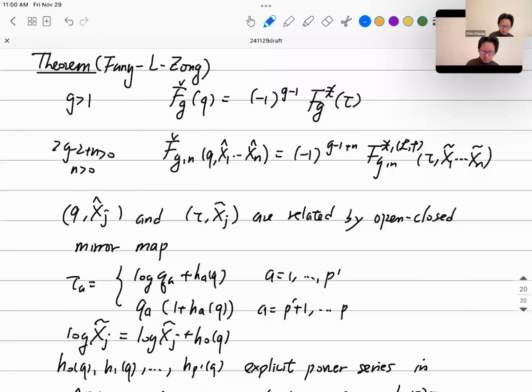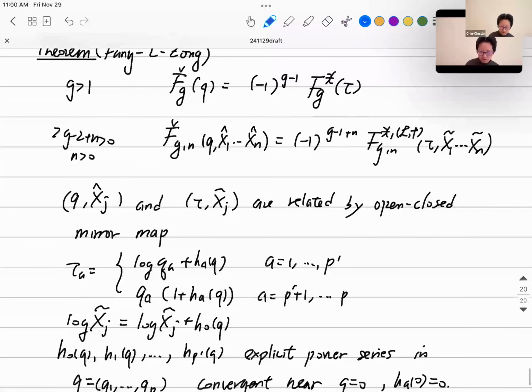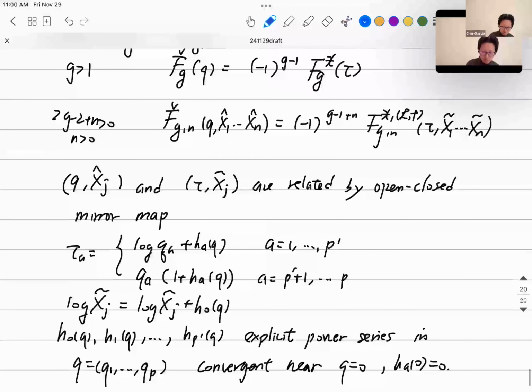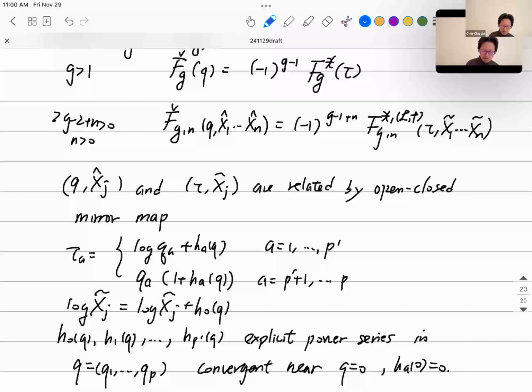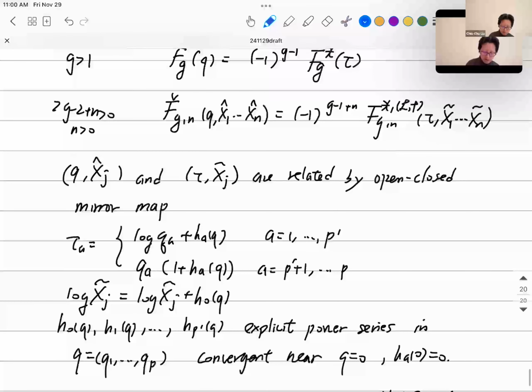On the B side, the open string parameters are x1 hat to xn hat, and the open string parameters on the A side are x1 tilde to xn tilde. So they are related by the open-closed mirror map.